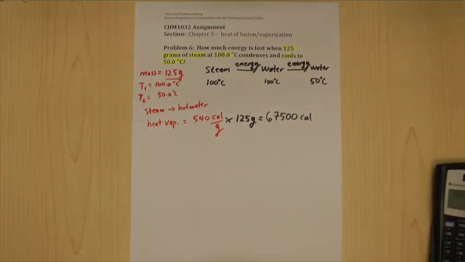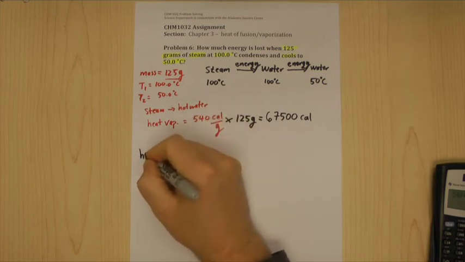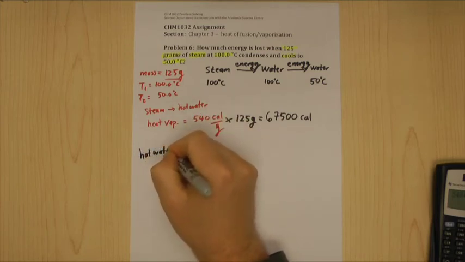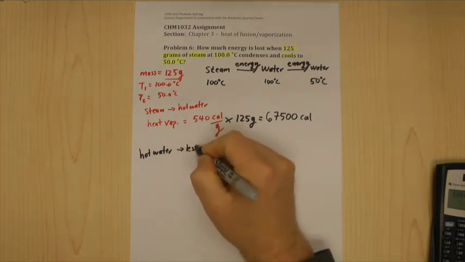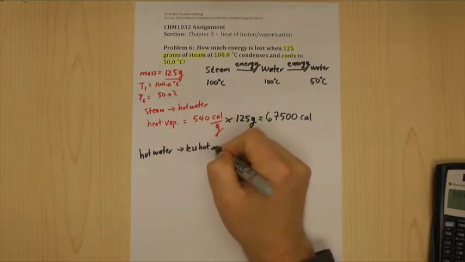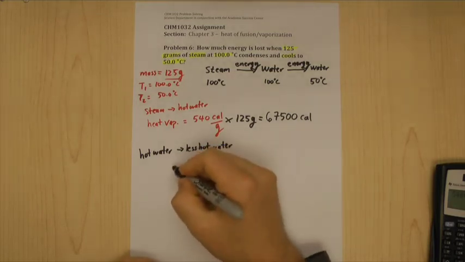So we have to do now hot water to, let's just say, less hot water. Hot water to less hot water. It's still 50 degrees, which is still pretty darn hot, fellas. All right. So now, specific heat, or the heat equation.